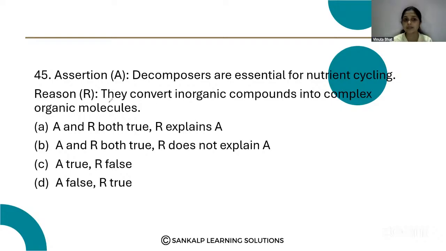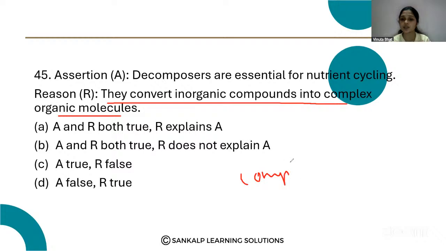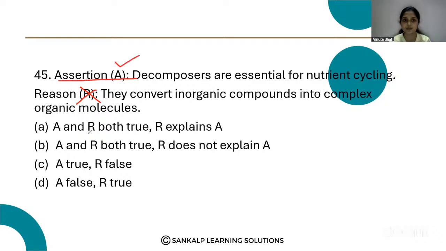Then the reason: they convert the inorganic compounds into complex organic molecules. No, here the complex organic molecules are already present in the dead material, and they convert the complex organic material into simple inorganic material. So this is wrong. The assertion is true.